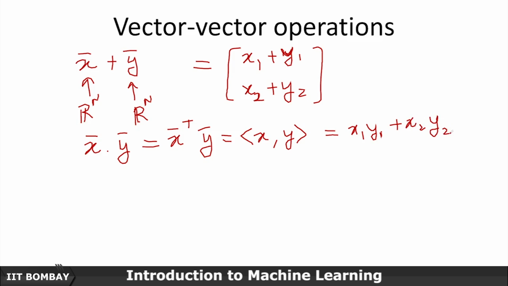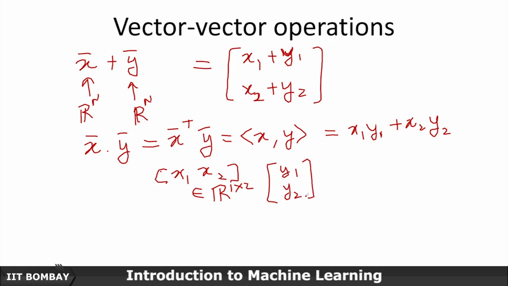So how this comes about is that if we look at the dot product, the transpose of x is obviously x1 x2 as a row vector instead of a column vector. So now this belongs to R to the power 1 cross 2 instead of a 2 cross 1, and then we would take a multiplication of this with y1 y2.